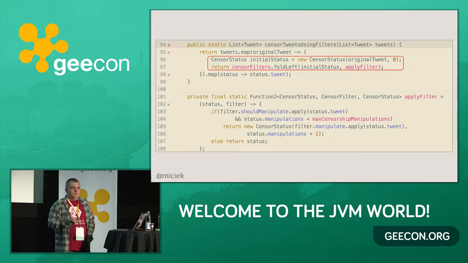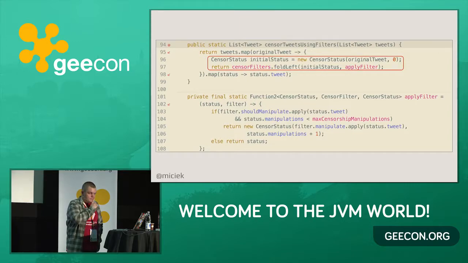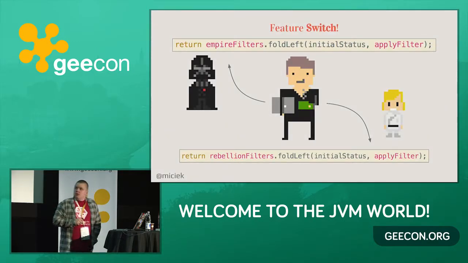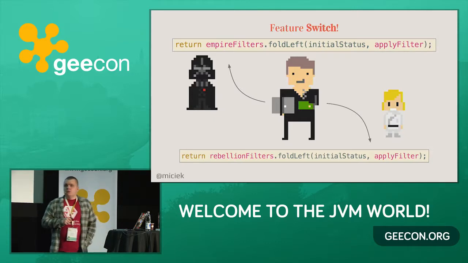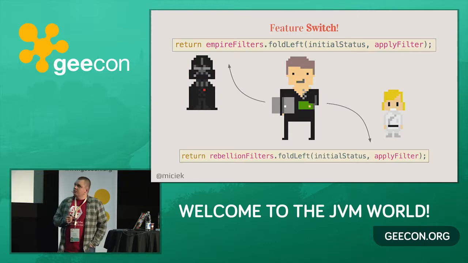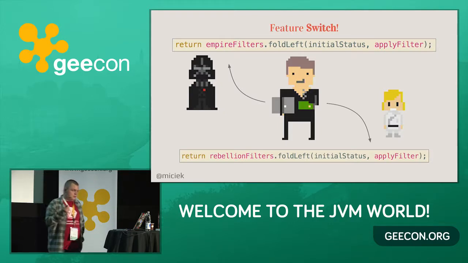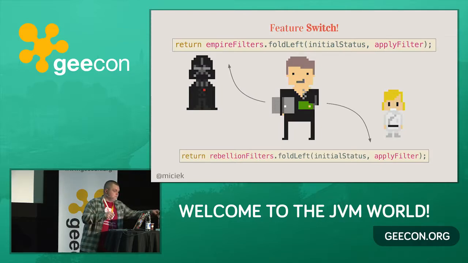So that's pure functions in full glory. This is all nice and configurable. So when the rebellion starts winning the whole war, then we might just have a feature switch that will exchange the current filters with rebellion filters. So that's just one change in our code. Pretty nice, right?